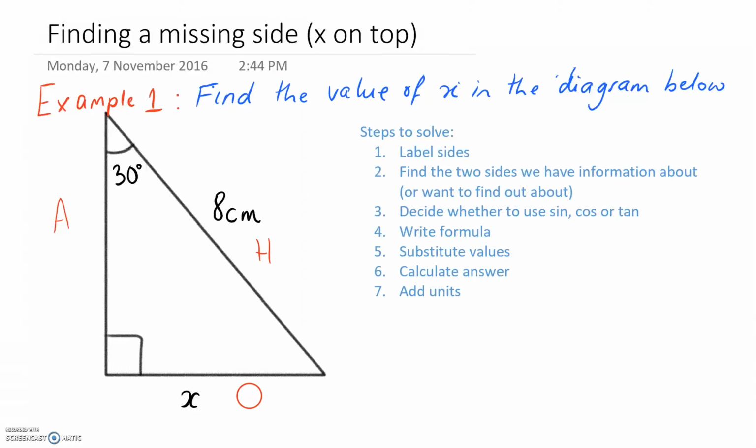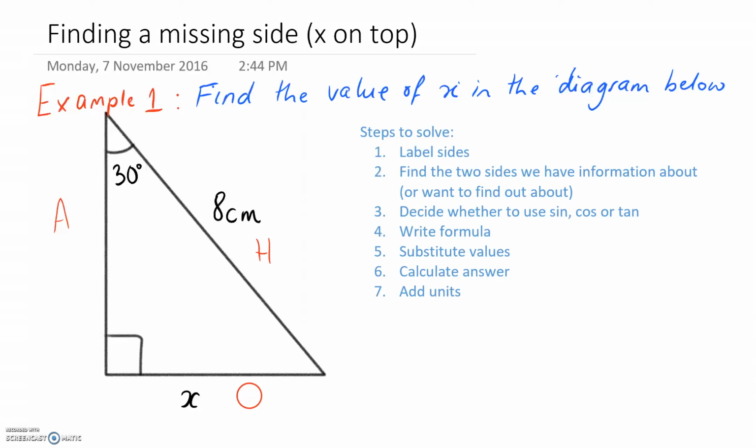Okay, step 2. Find the two sides we have information about or we're trying to find out about. See this side, this adjacent side here was the one we said we don't want to find anything out about. It hasn't got an x on it, hasn't got any information, so we're not worried about that one. This one here we know is an 8, and this one here we know is the x.